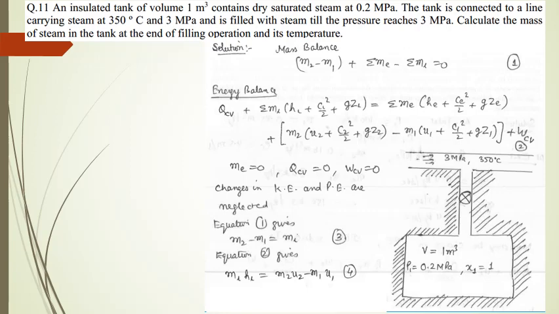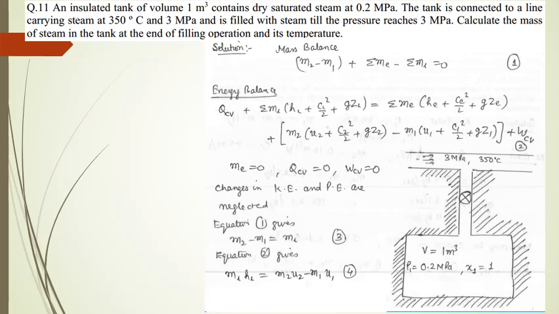Now mass balance equation gives M2 minus M1 plus Me minus Mi is equal to 0. Since there is only one inflow stream, Me is equal to 0, and there is no importance of summation sign. Then energy balance equation has been written as shown on the slide by equation number 2.